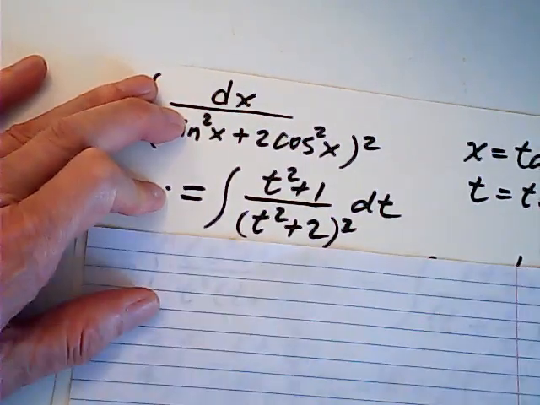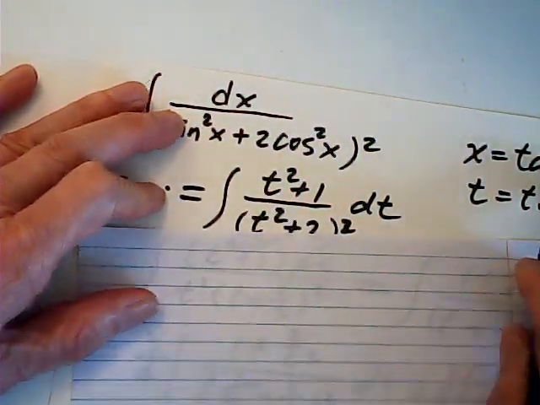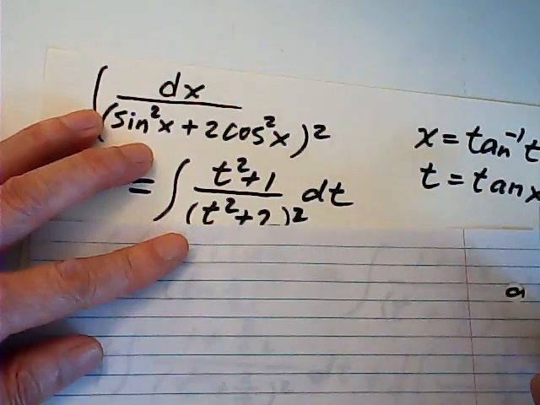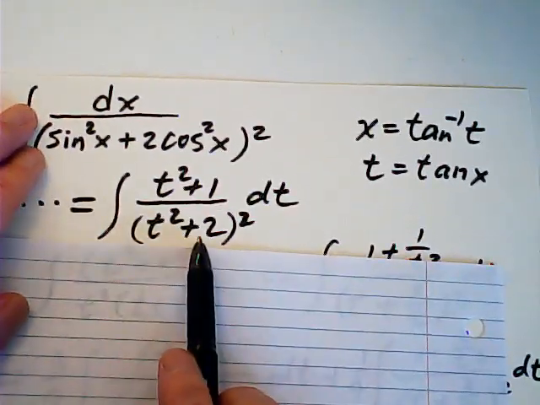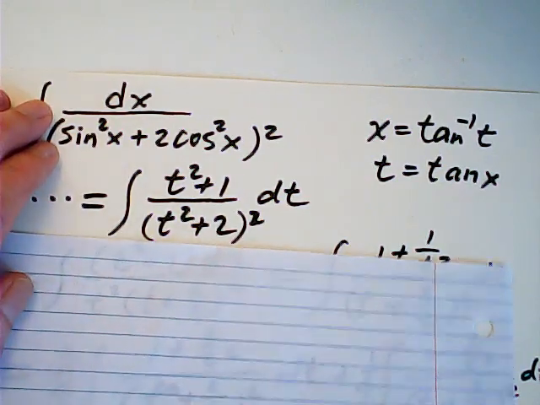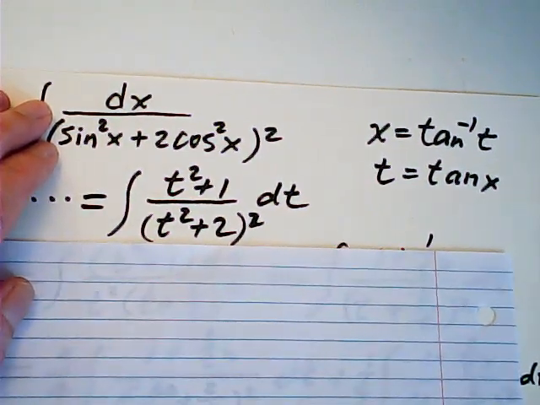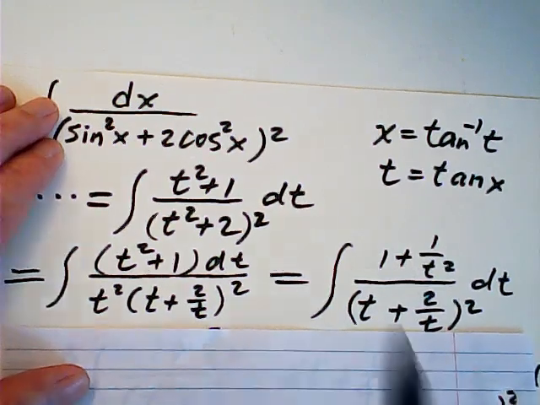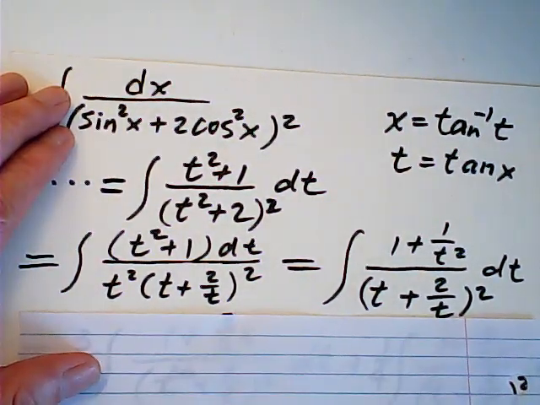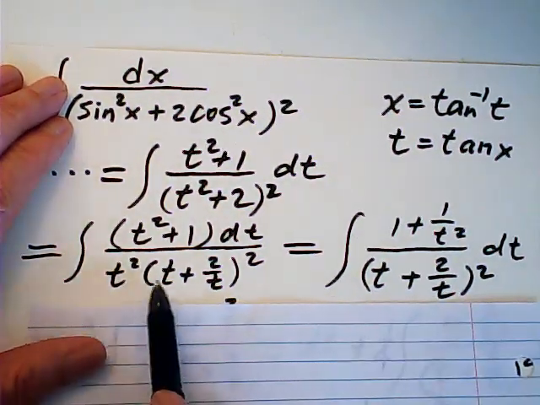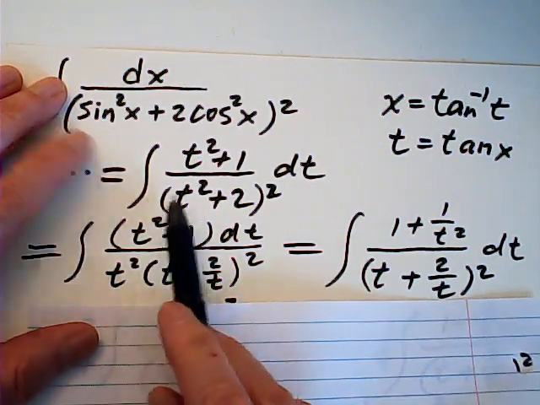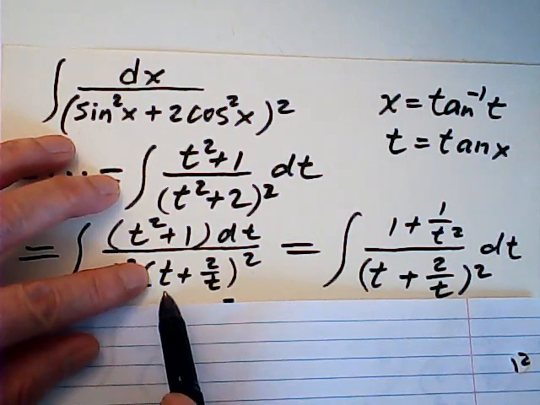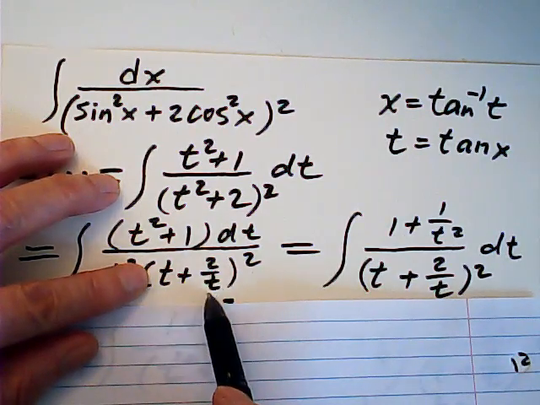Okay. We know that the assumption is x is arctangent t and t is tangent x. And then we start from here. We are using the second method. Now here I take t out. It becomes t plus 1 over 2 over t.